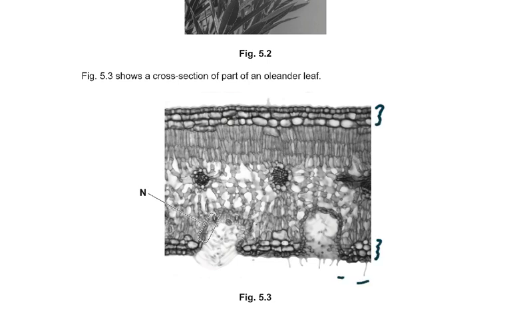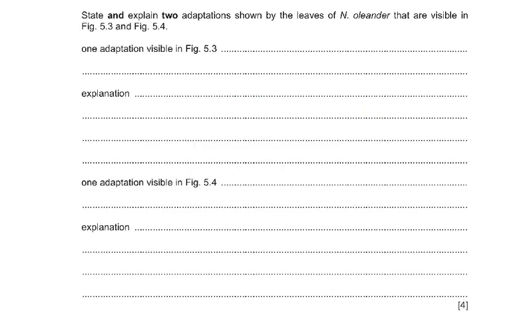Then you can see the grooves, in which we have the trichomes, and these are the vascular bundles, and then you have many-layered palisade mesophyll cells. So 5.2 is the picture of the plant, and then it's the histology slide of the leaf.